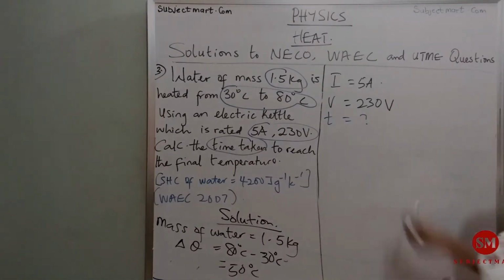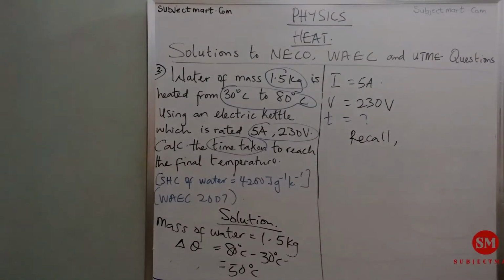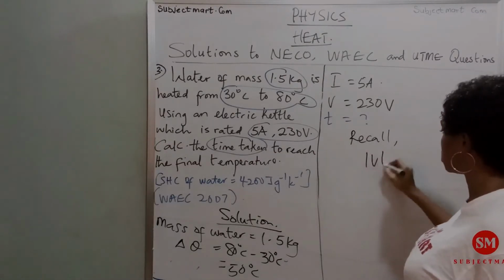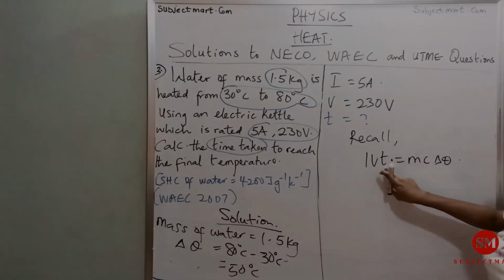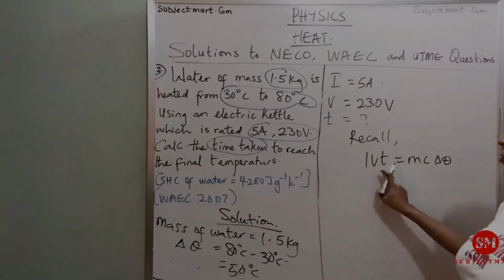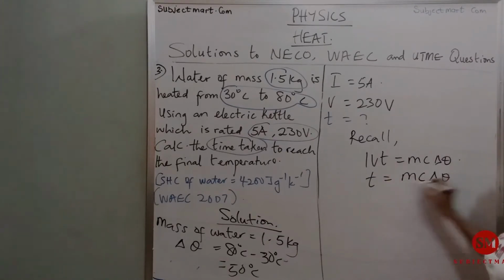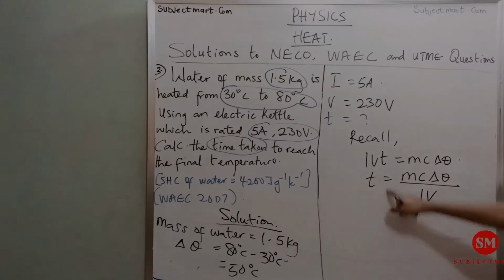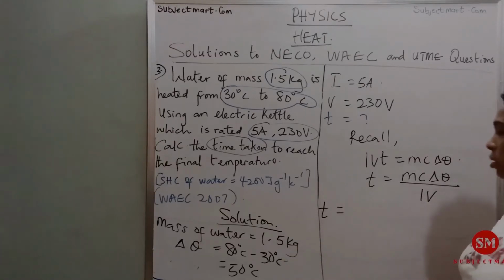So you recall from our formula for calculating specific heat, using the electrical method, we have IVT is equal to MC change in theta. So we are looking for the T. We have IV, we have this also. So to make T the subject of formula, T is equal to MC change in theta over IV. Then we have T is equal to M, which is the mass.